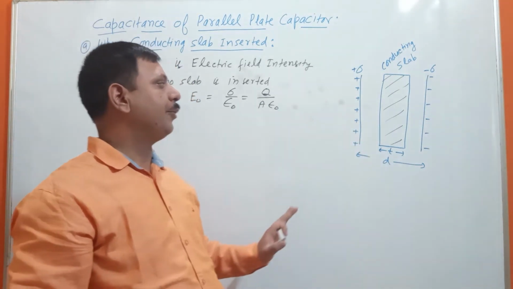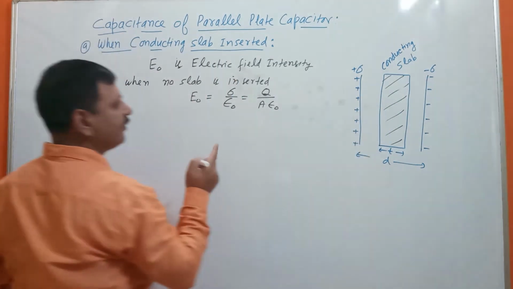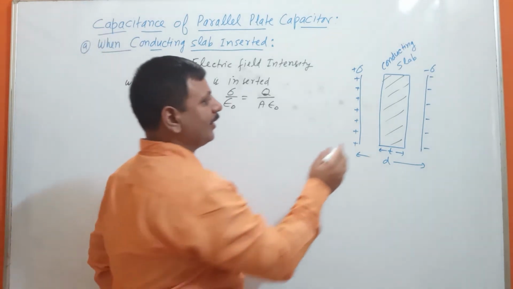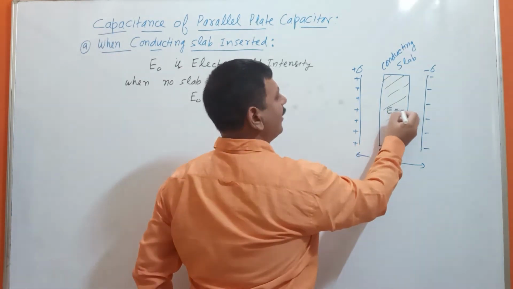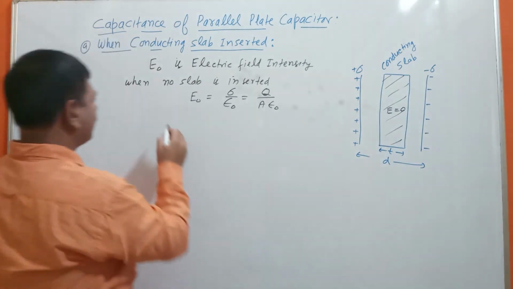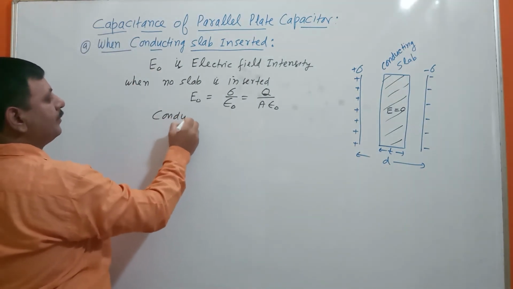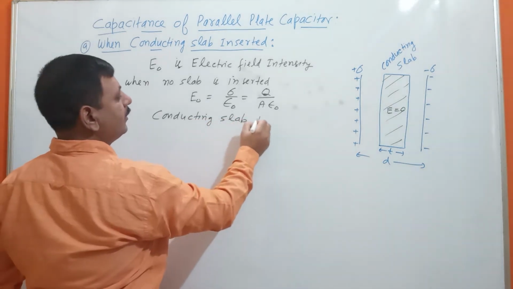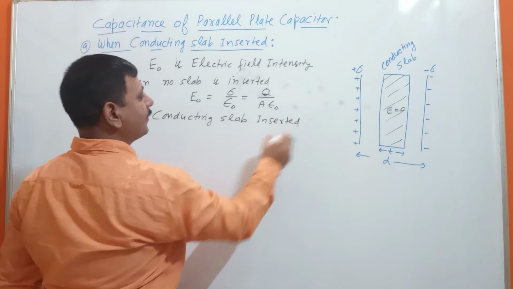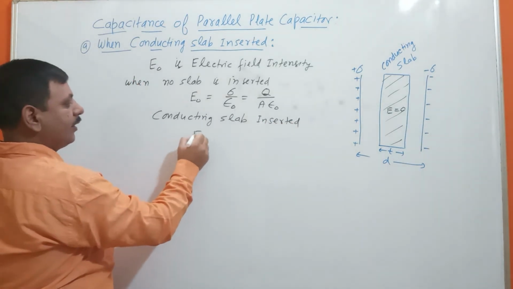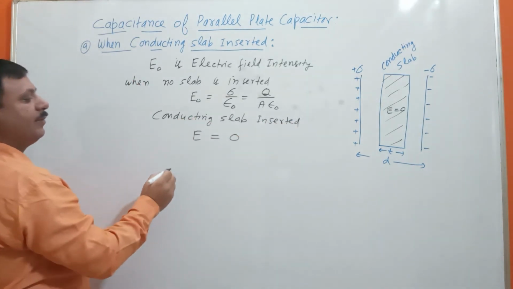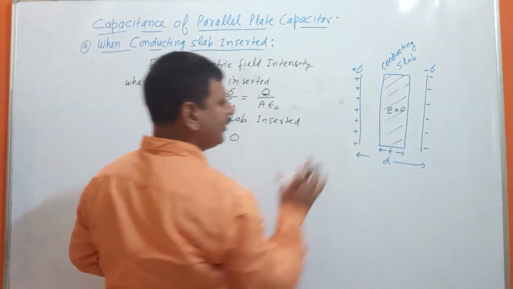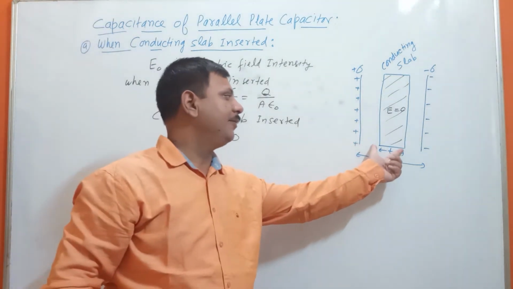Outside it is 0. When the conducting slab is inserted, we know the electric field intensity inside a conductor is 0. So the electric field inside the conducting slab is 0, and this conducting slab has width T.